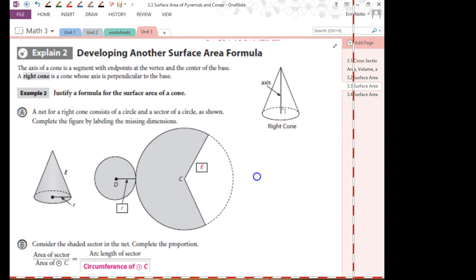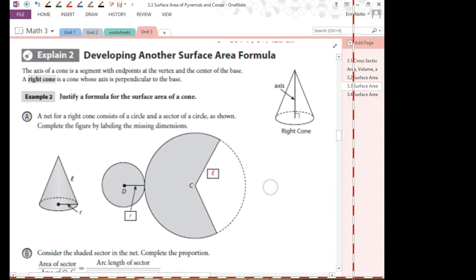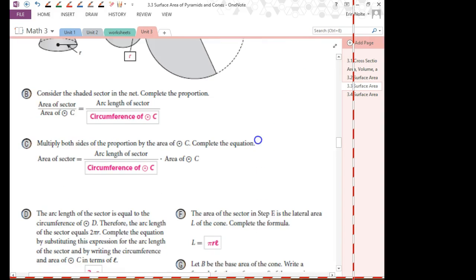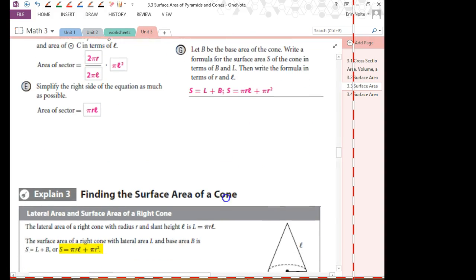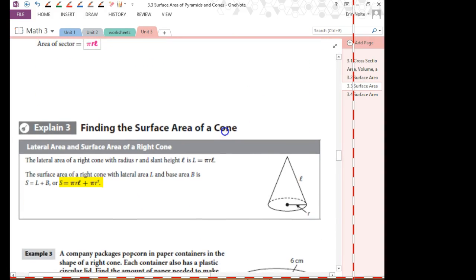Okay, so the second half of this is finding the surface area of a cone. The book takes you through how you come up with the formula for the surface area of a cone. So if you're interested in understanding how they come up with that, feel free to go back and take a look. I'm going to do the fast forward method and give you the formula.